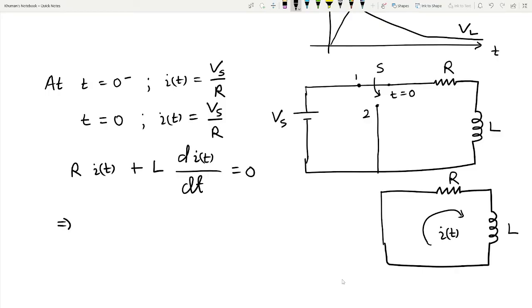So we can redraw it as di by dt plus R by L i(t) equal to 0.